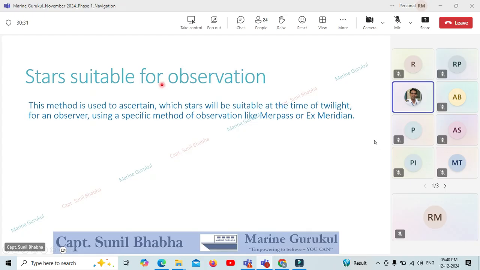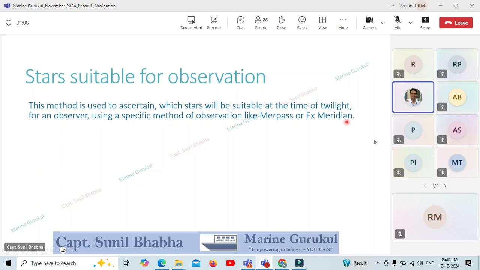Now, this particular method, stars suitable for observation, is used to ascertain or find out which stars will be suitable at the time of twilight for a particular observer if he wants to use a specific method of sight or a specific method of observation, like meridian passage, Marpas or latitude by meridian altitude, or ex-meridian.